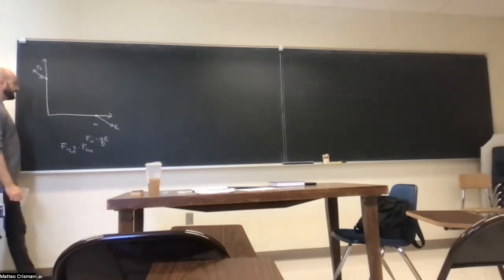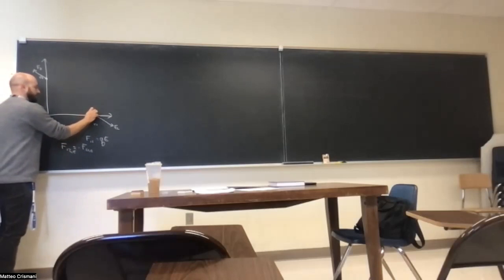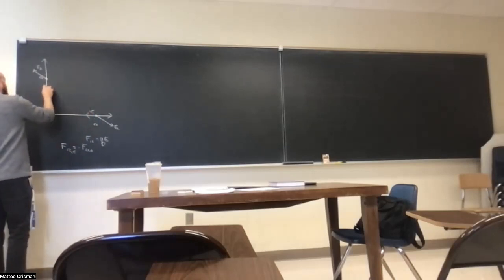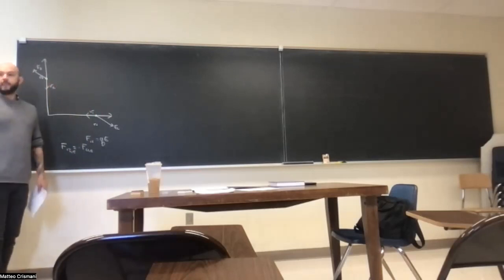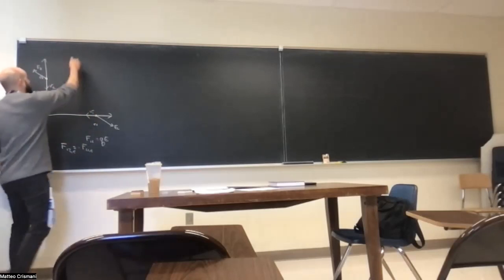Okay, so now I'm going to treat them as though they're moving. This one has V1. This one has V2. So now I can imagine that they will create what type of field? Magnetic fields.